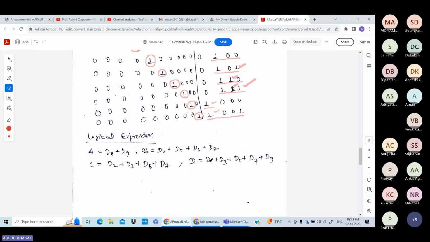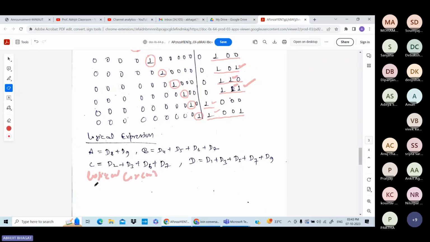After getting the logical expression, same, you can draw the logical circuit. I have not done that here.